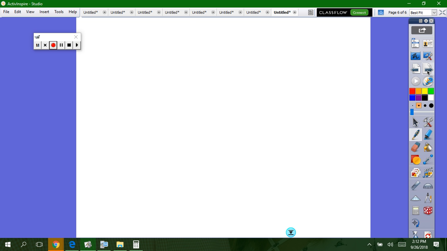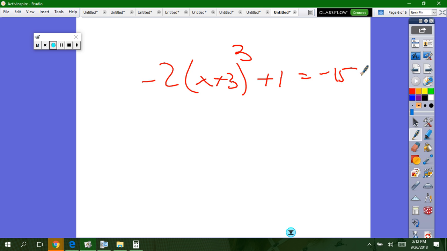Last thing here. Solve for 0. I bet every single one of you guys could do this, and I didn't really have to do this, but it's on there. Would this give me all my zeros? Not necessarily, right?